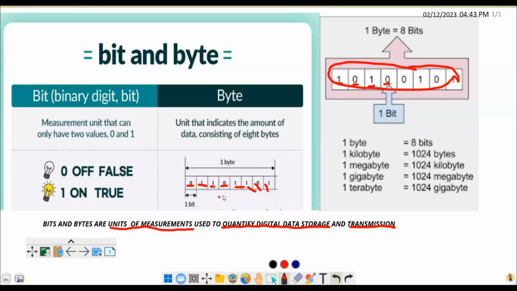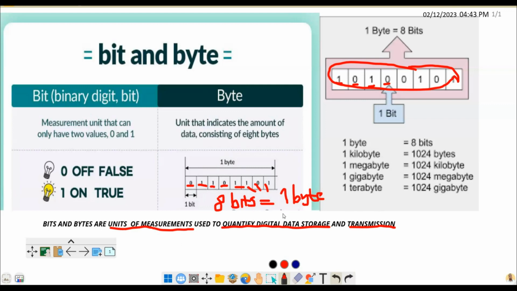So 8 of these bits give us what we call 1 byte.